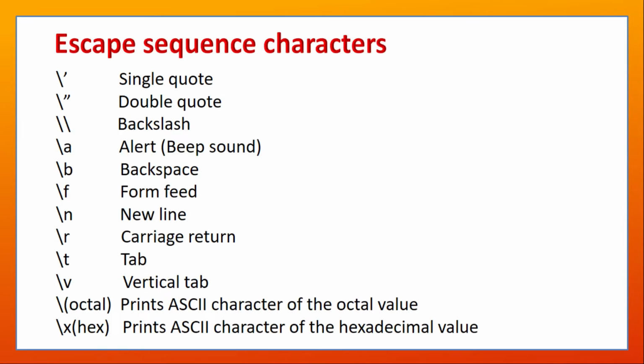The standard escape sequence characters are \' single quote, \" double quote, \\ double slash, \a for alert, \b for backspace, \f for form feed, \n for new line, \t for tab, etc.